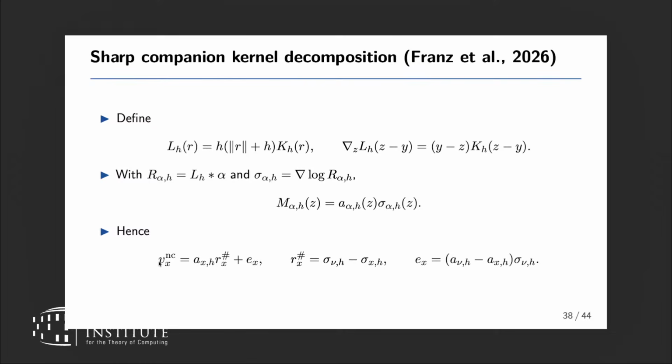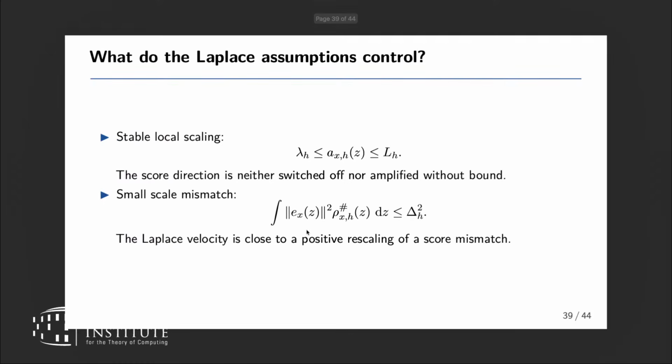In many cases they showed that this non-conservative velocity field could be written as this affine transformation of a conservative velocity field. So we use that to make an assumption on how much mismatch there is between the error and the conservative velocity field.